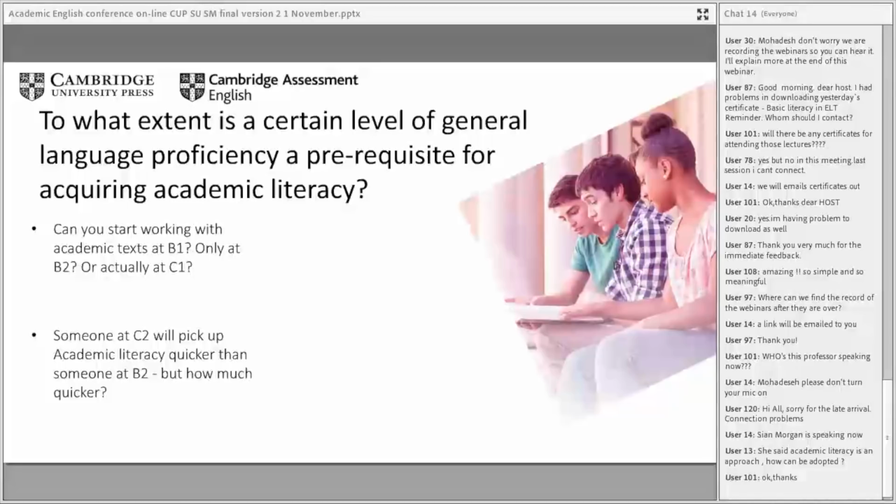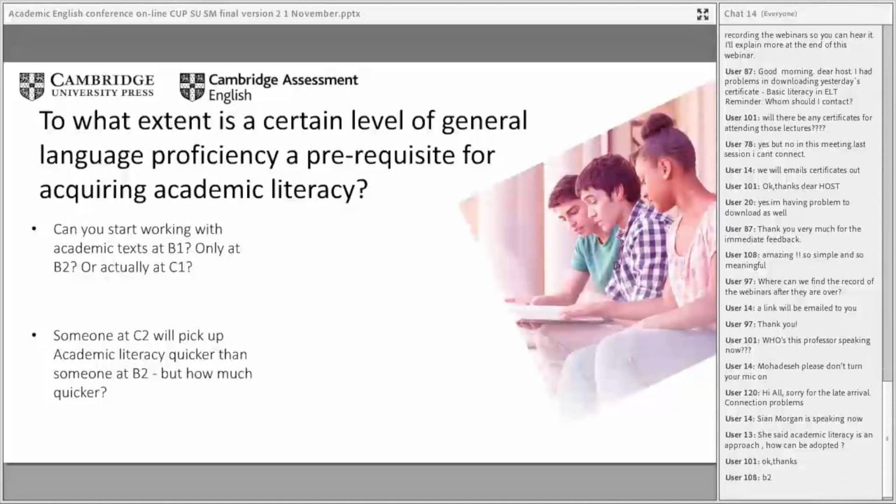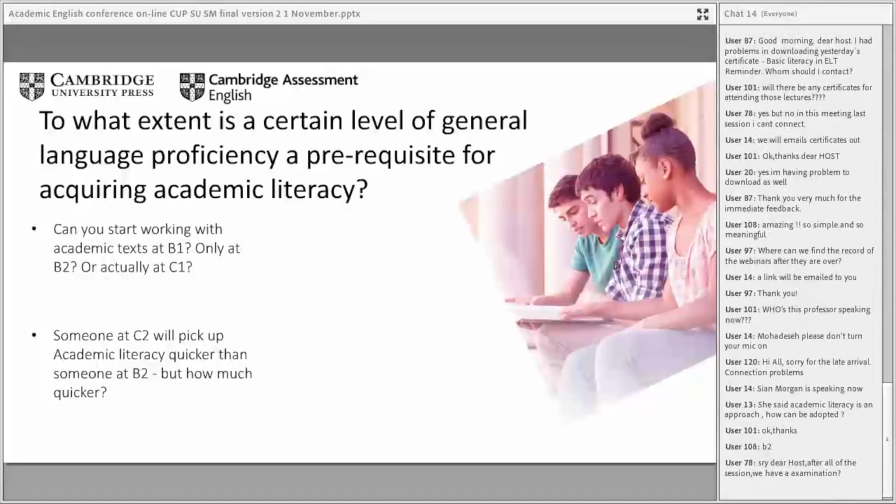So, how much do we need for different types of study? For example, what CEFR proficiency levels will allow students to work with academic texts? B1, B2, C1? We assume that a student with C2 language proficiency will pick up academic literacy more quickly and effectively than someone at B2. But how much quicker? And can someone at B1 work effectively with academic texts at all?